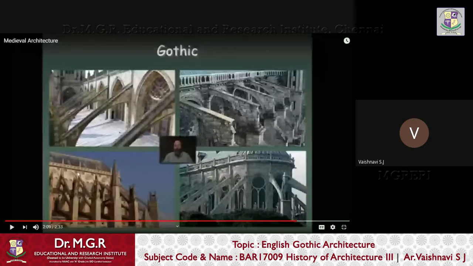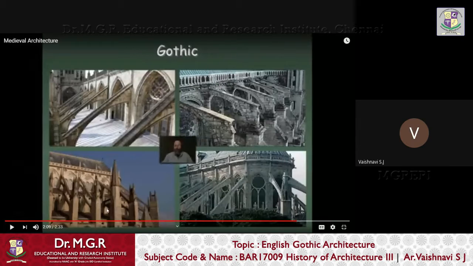Because of the flying buttresses present here, this structure went to greater heights. They had heights greater than the Romanesque period churches, with the walls and the structure that would hold up the walls.